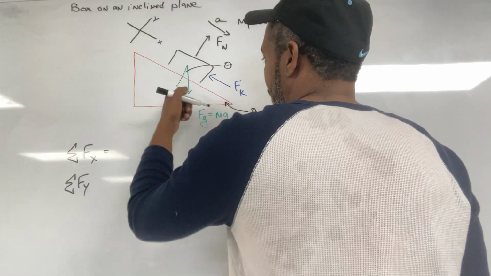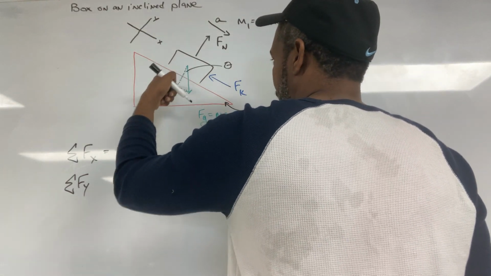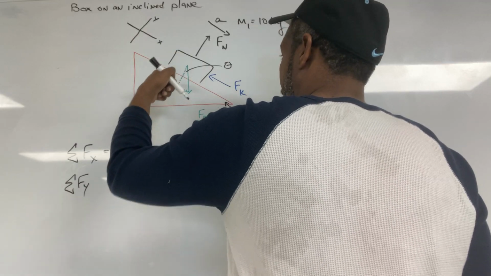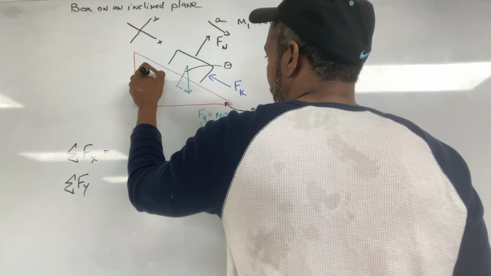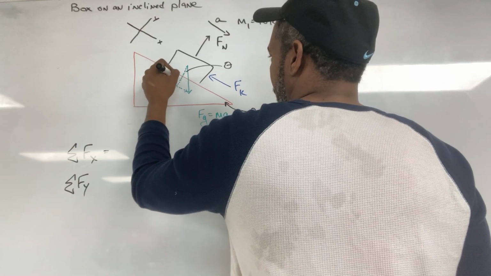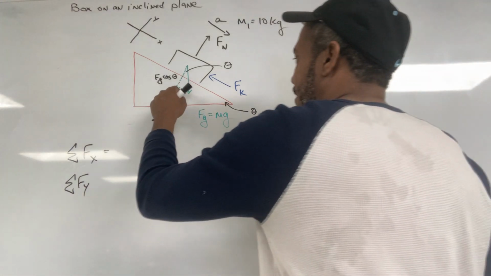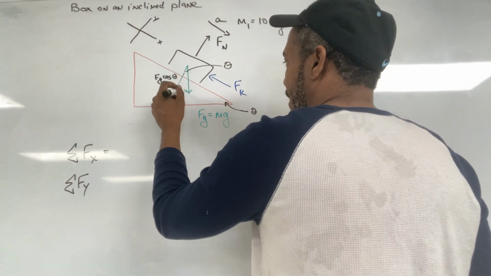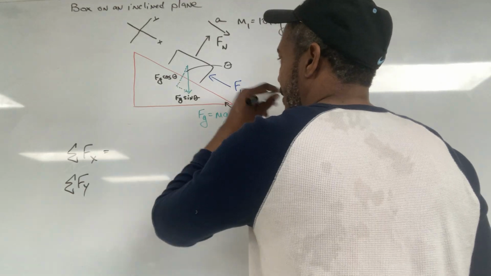So how do we take the projections? This is going to be the adjacent side to this angle, so this is what? Cosine. So it'd be FG cosine theta. This is the opposite side to that angle, so that's going to be the sine. FG sine theta.